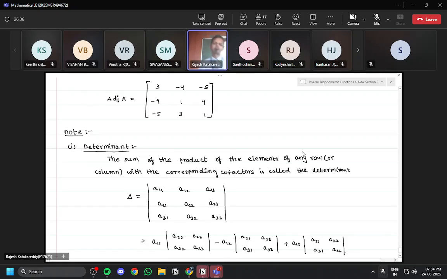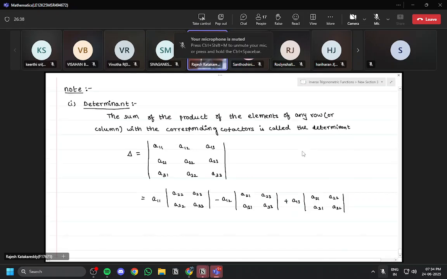So what we can say here, listen, this first determinant is there, no? This first determinant I can call the cofactor of the element A11. Including the minus one, the minus you multiply here, you can say A12 into the second one is the cofactor of A12. Clear? And the last one is the cofactor of A13.